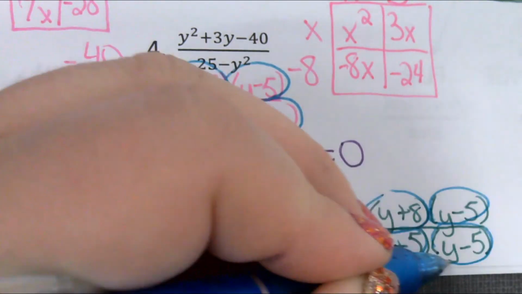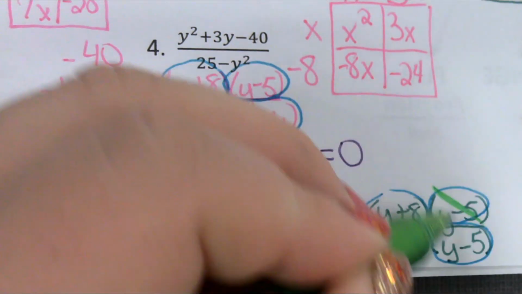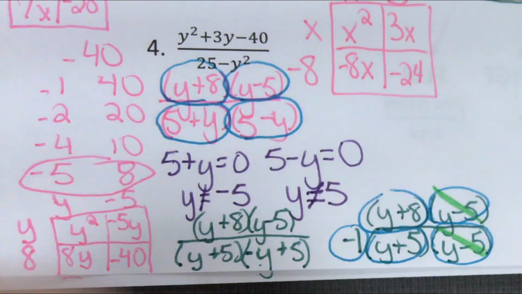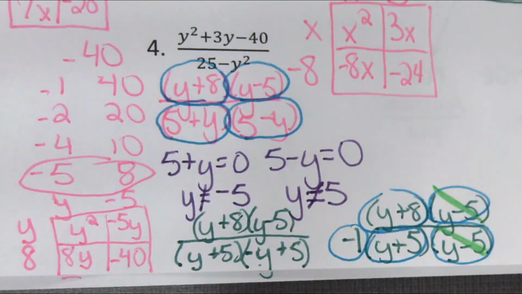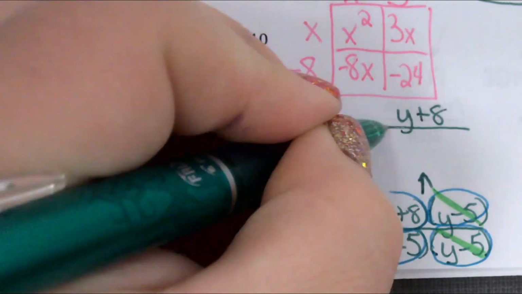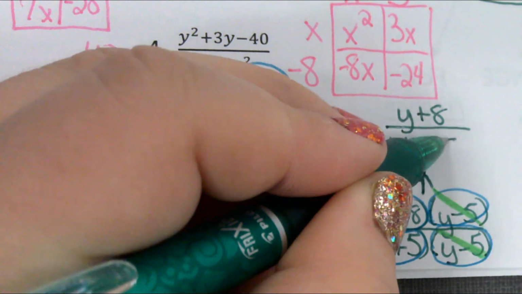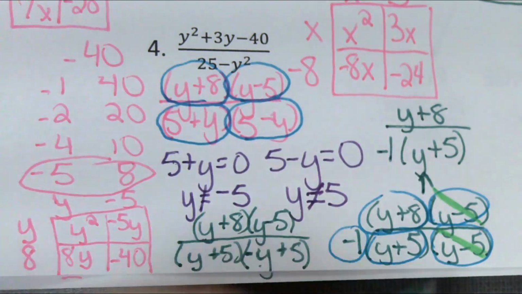And I do. I have y minus 5 on top and y minus 5 on the bottom. Those will cancel out for me and leave me my answer of just y plus 8. I'll write it up here. Y plus 8 on top. Then on the bottom, we'll have -1 times y plus 5. And don't forget about your excluded values over here.